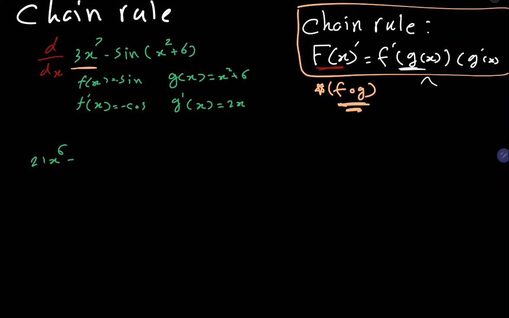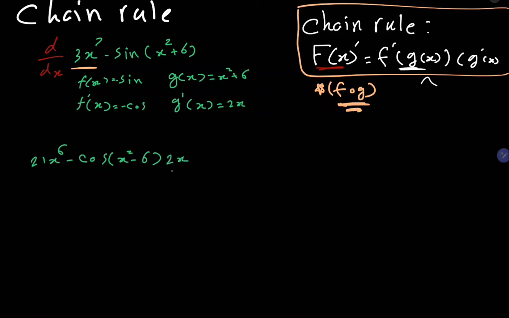Now we can simply apply the chain rule. So 21x to the power of 6, minus cosine of the original expression before we differentiate it, times the derivative, which is 2x.